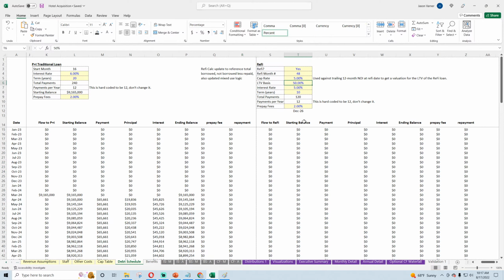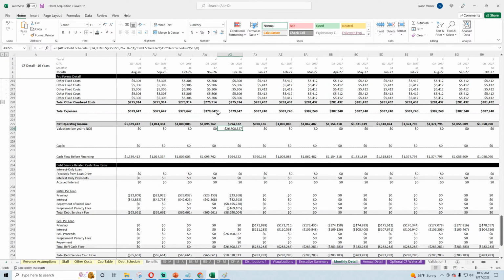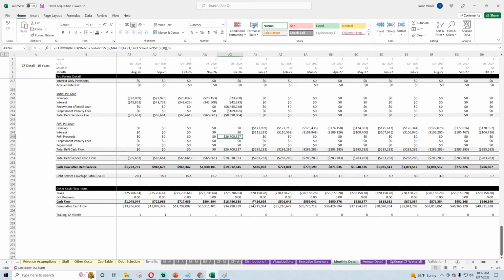Let's say the LTV is going to be like 10%. Now, again, when you fill out actual numbers for an actual hotel that you plan on, these numbers will make sense for whatever you're doing. But I've just put in random numbers essentially. So, we're not going to take out a $133 million loan. 26 million, that's more realistic. Okay, and now we're positive.